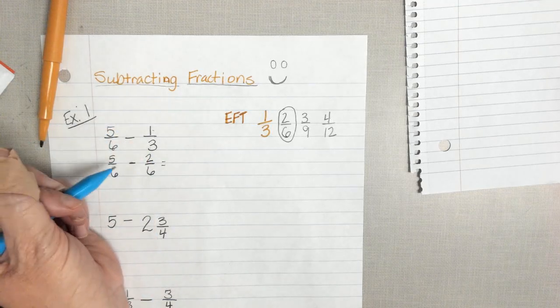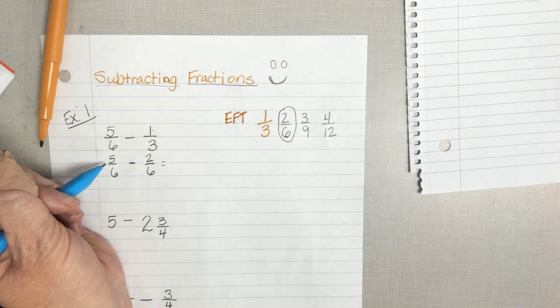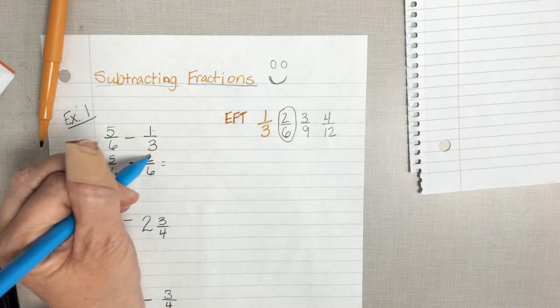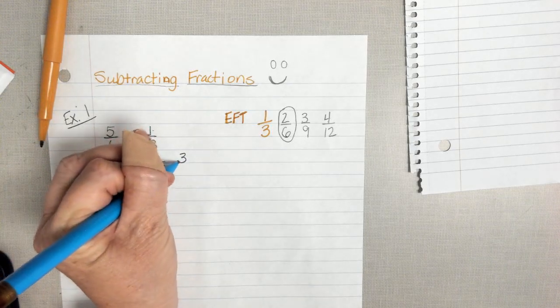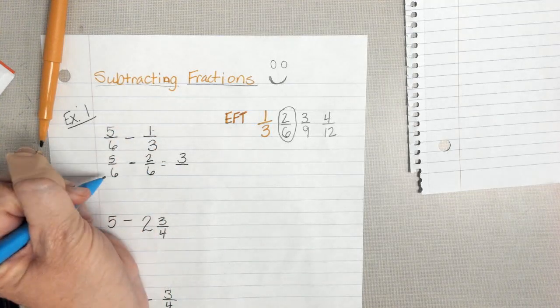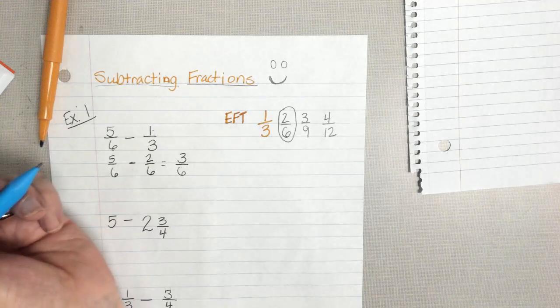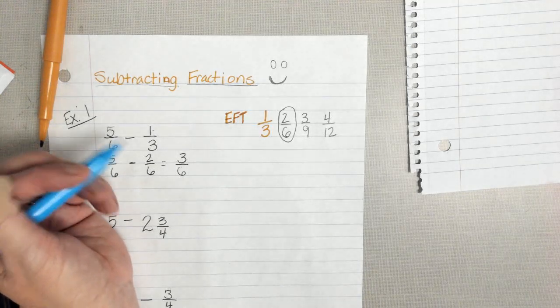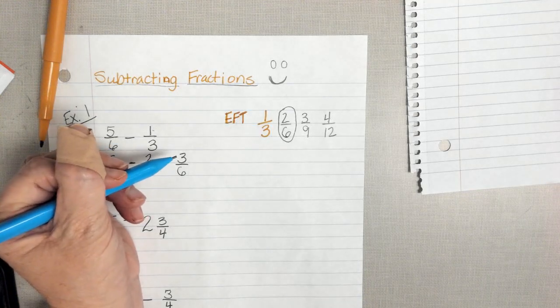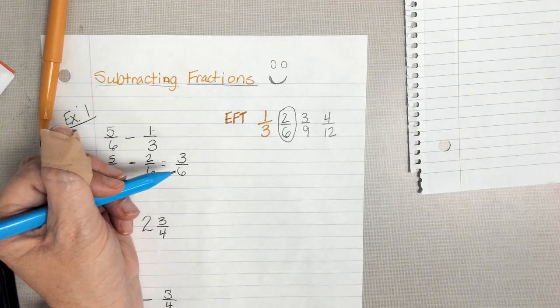And I'm going to subtract only the numerators. So 5 minus 2 is going to give me a numerator of 3, and of course we just slide our denominator over. So whenever I get this fraction name, I should notice, oh, 3 is related to the number 6. 3 can be divided by the number 6.